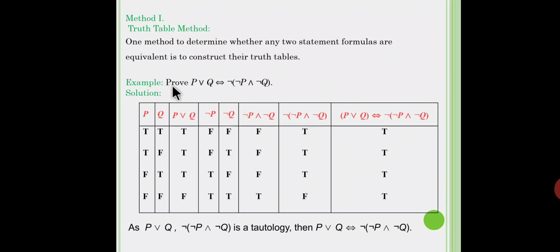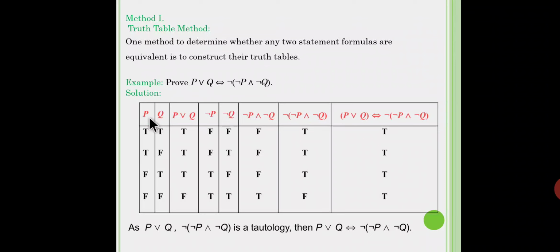Consider the example. Prove P ∨ Q is equivalent to ¬(¬P ∧ ¬Q). Here the truth table has two variables, P and Q. How many possibilities?